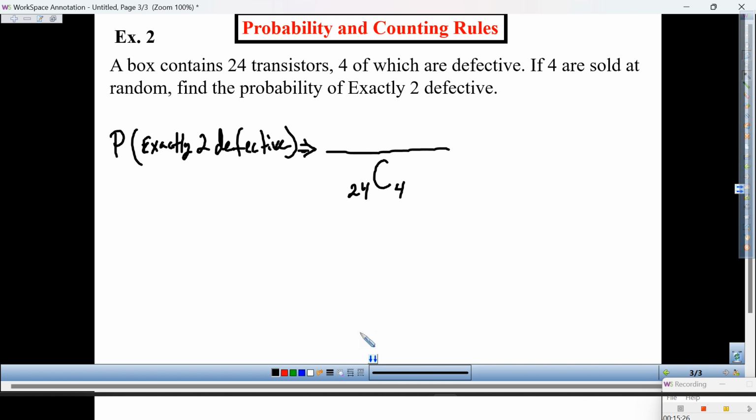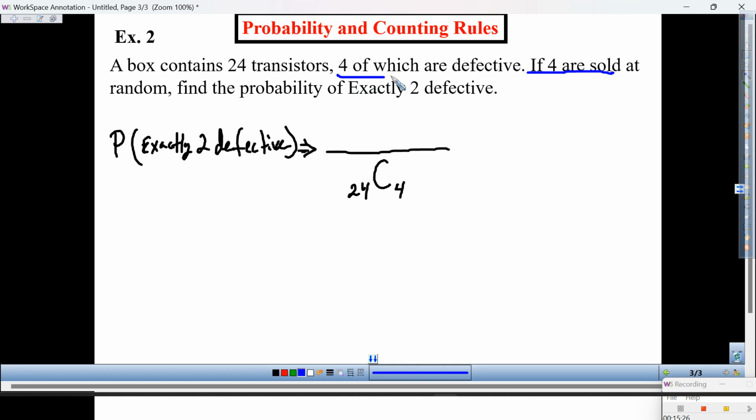Okay. So, how many are sold? 4. Okay. But how many are we checking to see if they are defective? 2. Okay. So let me ask you this. Let's start with how many are defective.